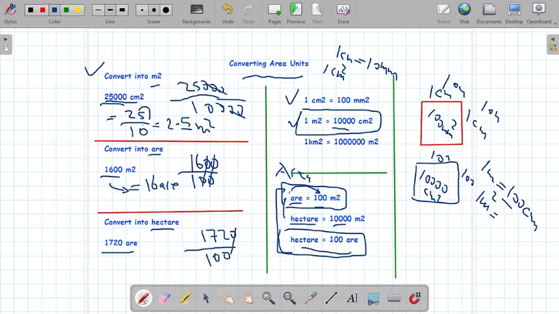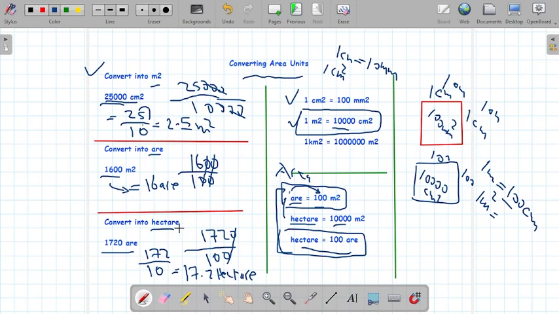So 1 zero here goes with 1 zero from here. It means that I have 172 divided by 10. Now, since I have a 0 here, it means that I have one decimal place. So the decimal place will be 17.2 hectare. This is the answer. I hope that's clear.